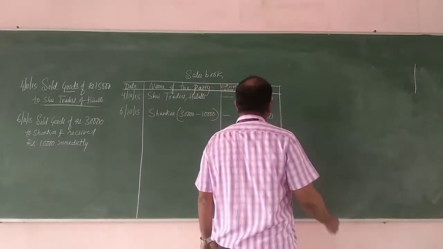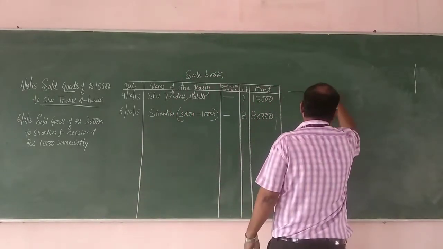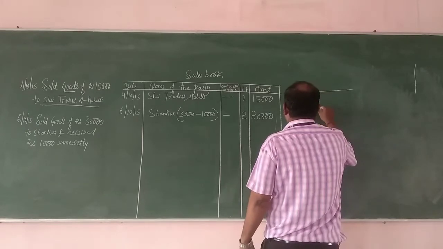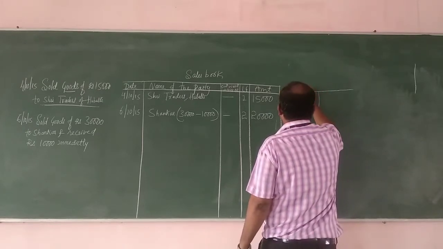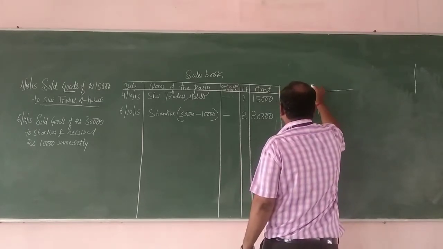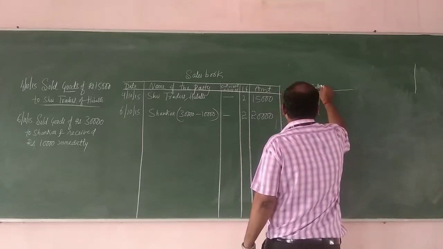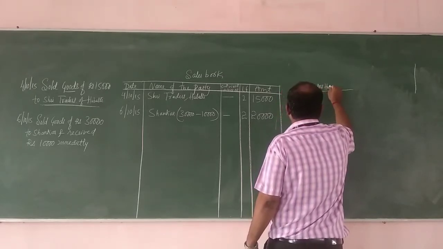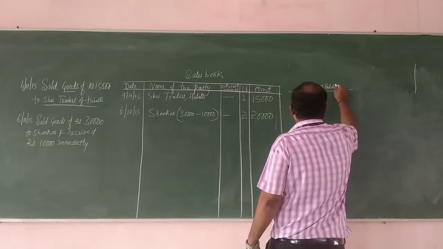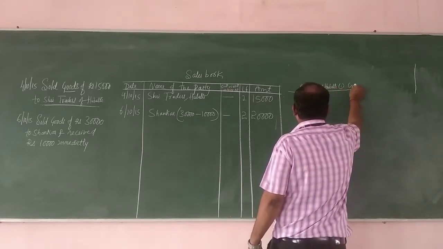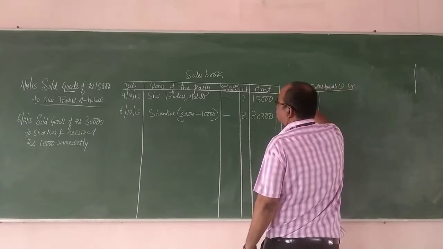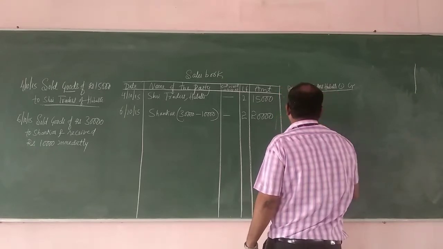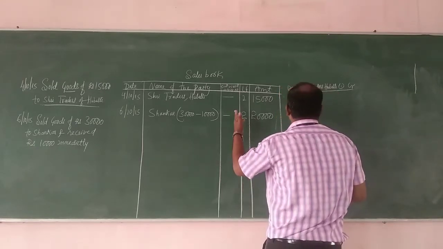So simultaneously we will open ledger accounts of the suppliers, Sri Traders, Hubballi, page number 1. So journal entry will be sales.